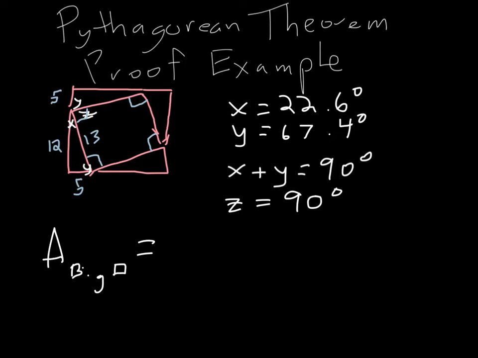equals the area of the small square plus the area, well, we included the small square, but we still have each of these 4 triangles. So it's going to be the area of our triangles, and there's 4 of them, so we'll multiply the area of one of the triangles by 4.